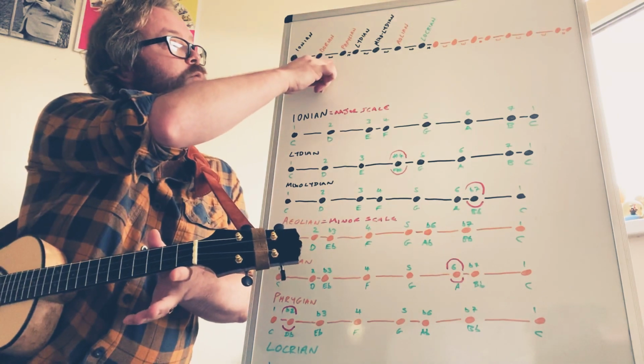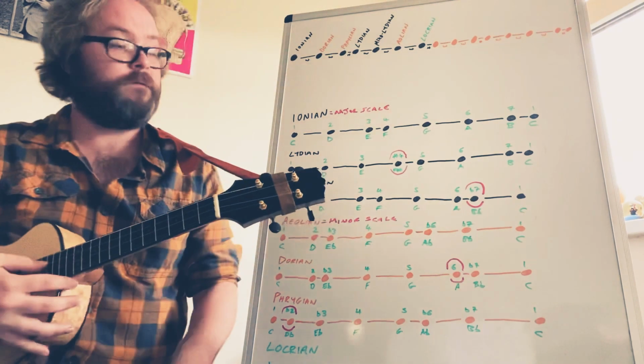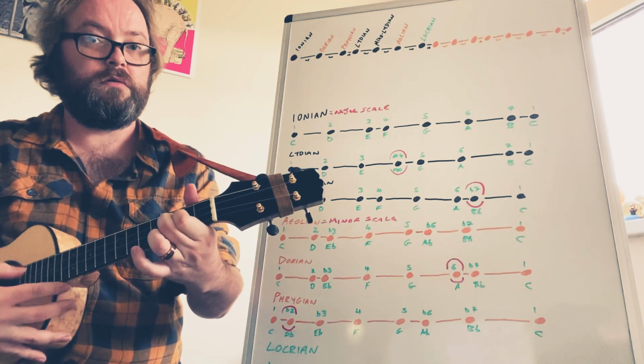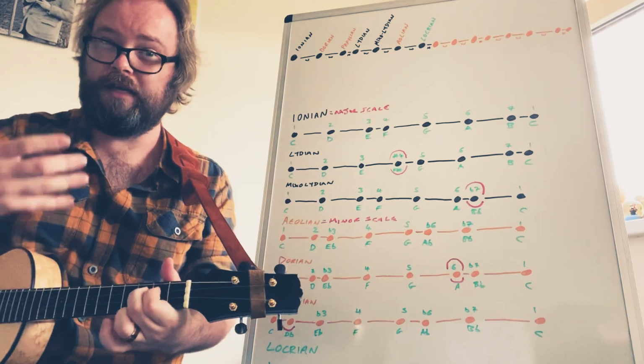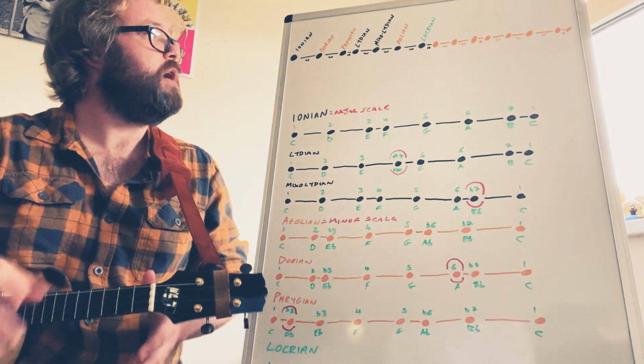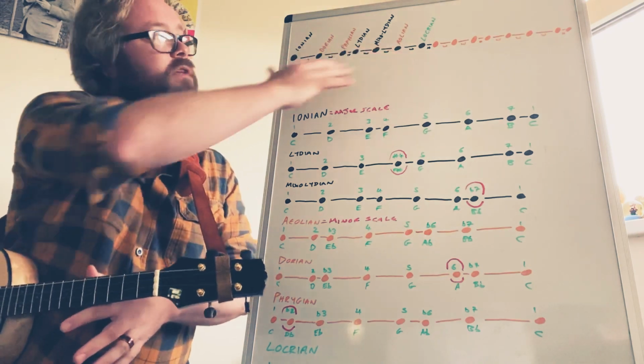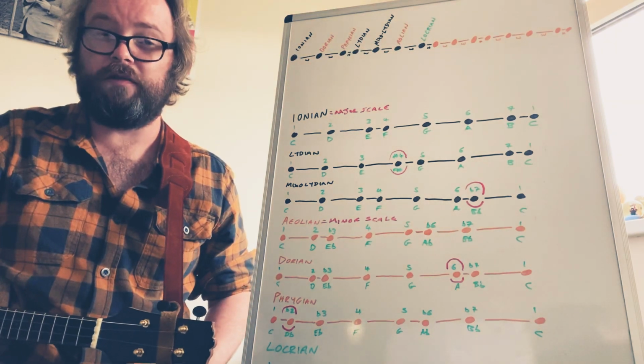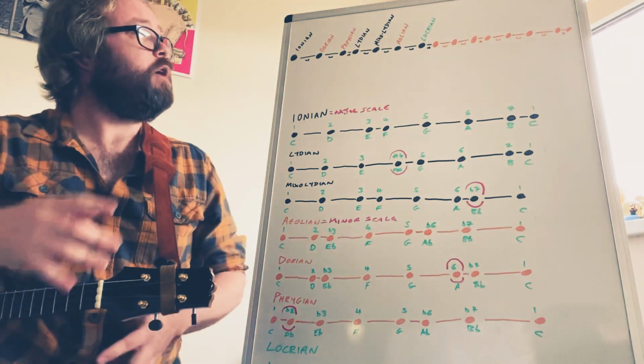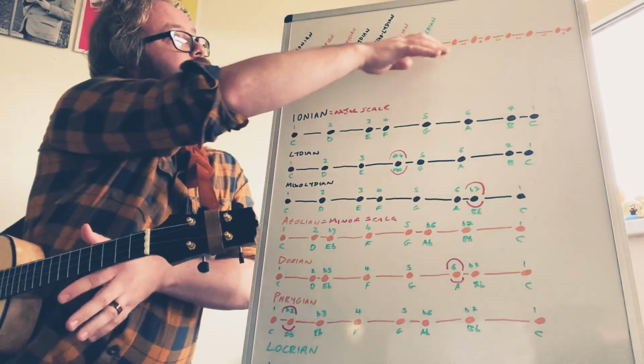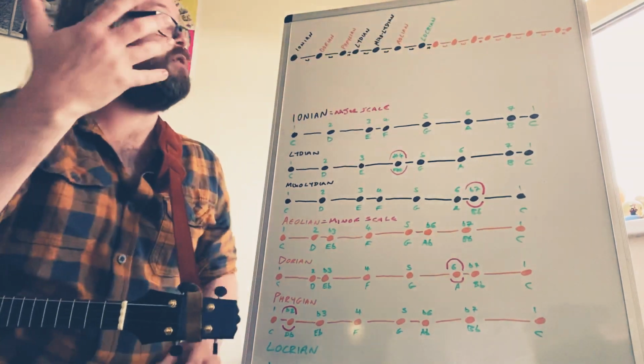In Dorian, we have a whole and a half, which creates a more minor key feel. So the difference of those intervals is what makes each of these modes sound different. And quite simply, wherever you start in this scale gives you a new mode.